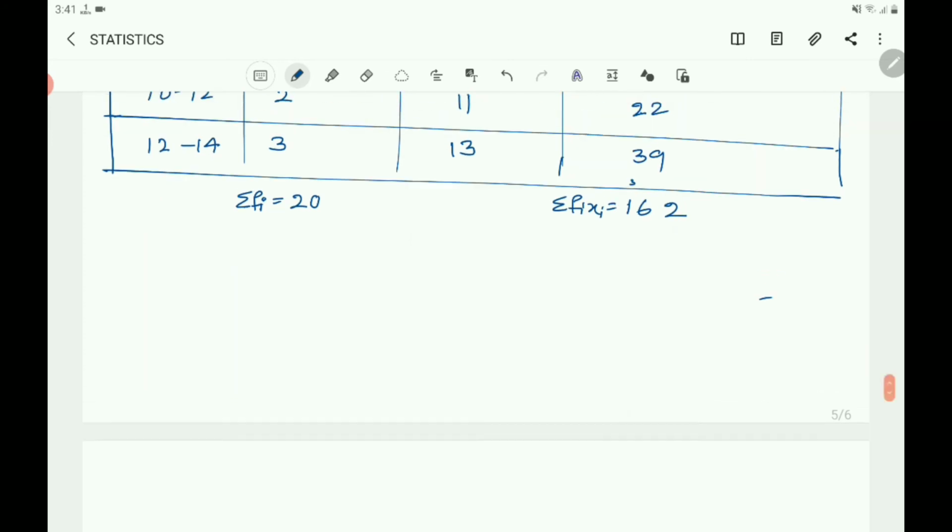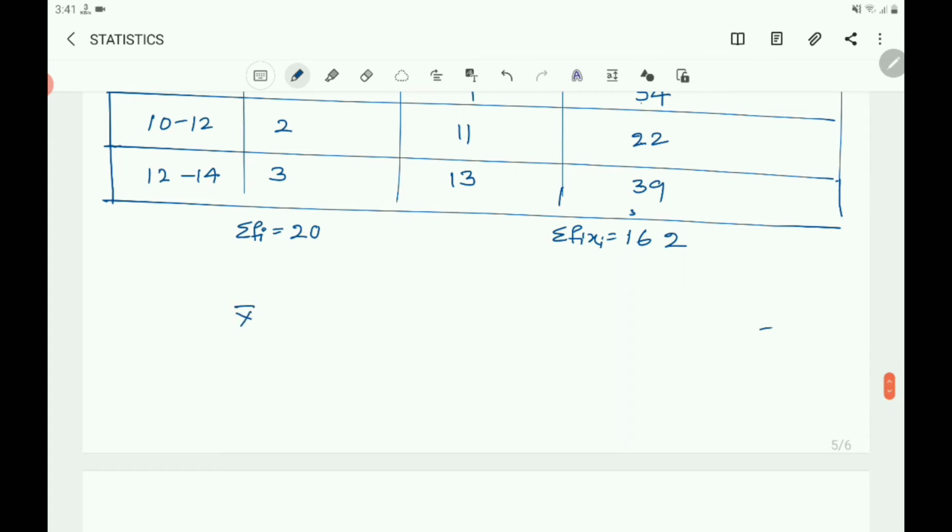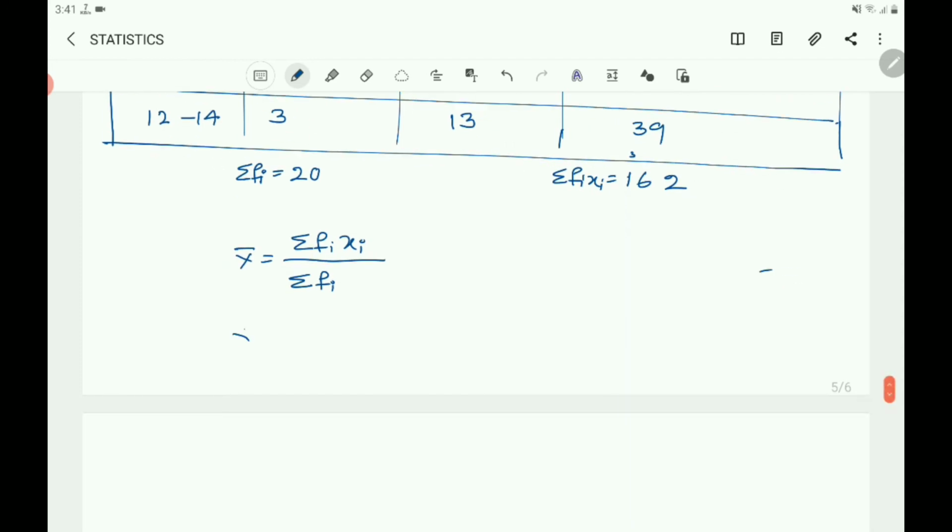What is the formula for the mean? x bar equals summation of fi xi by summation of fi. That equals 162, summation of fi xi, divided by 20, in the place of summation of fi you write 20.